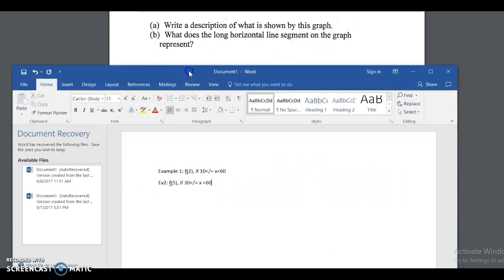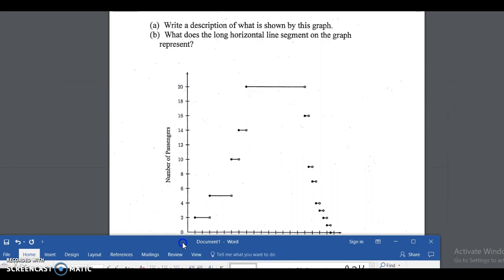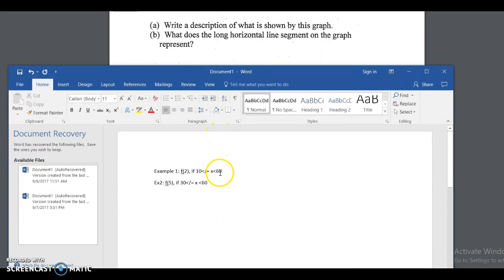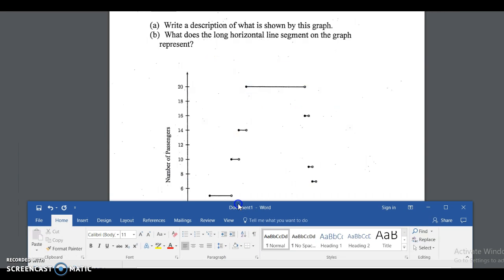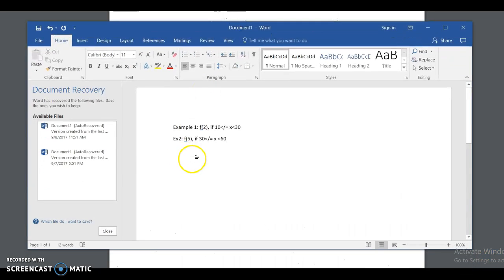So 10. Let me go back to example 1 so I can re-explain that. f of x, f of 2, if 10 is less than or equal to x, x is less than 30. Now, see, we're correcting as we go. Okay? So the correction of this example is f of x, such as f of 2, if 10 is less than or equal to x, then x is less than 30.